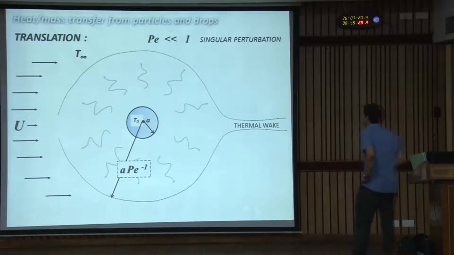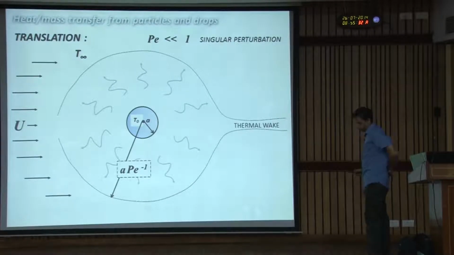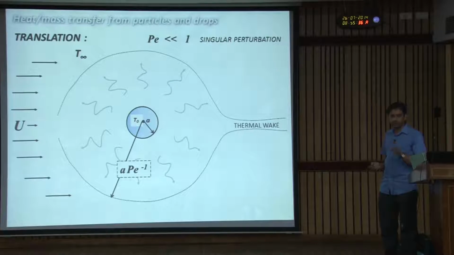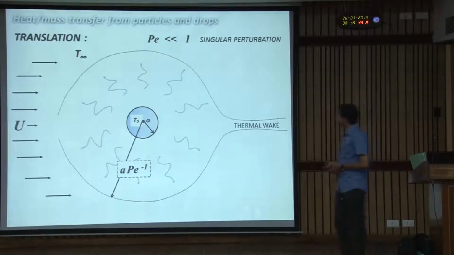Okay, so now it's a singular perturbation, and singular perturbation implies in this case that the solution that we just saw, which was the conduction solution, which decayed like 1 by r, is not a uniformly valid solution. And what I mean by that is, for any finite Peclet, you can always go to distances far away from the sphere where convection will become comparable to conduction. Okay?